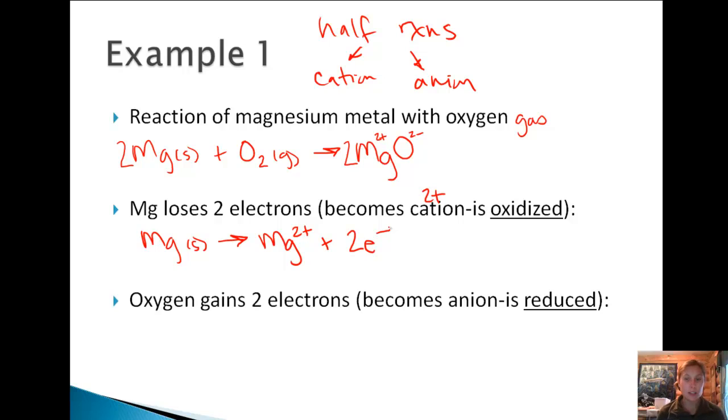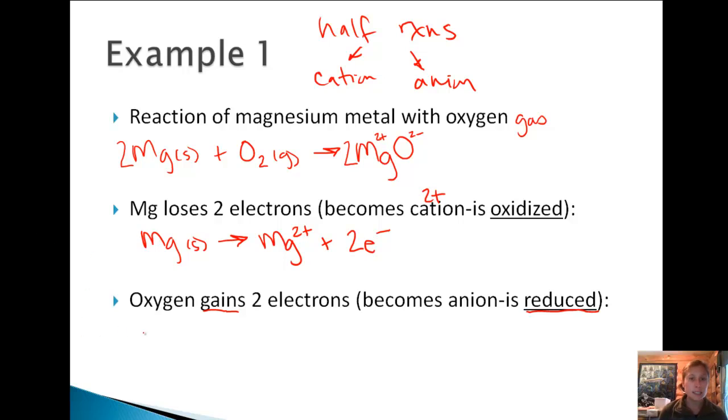Okay, the other half reaction is the formation of the anion. This is going to be our oxygen, since it's gaining 2 electrons. When something gains electrons, we say that it is reduced. If you think about electrons, they're negatively charged, so if you're gaining something negative, it makes your charge more negative, so it's like you're being reduced because you're becoming more negative. That's how I remember it. And then I just know that the formation of the cation is the oxidation part.